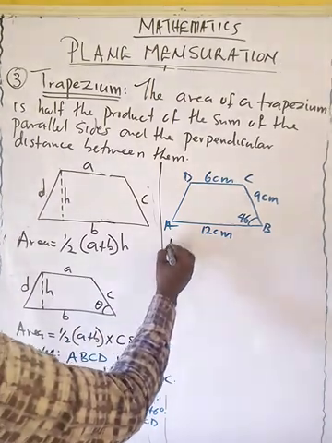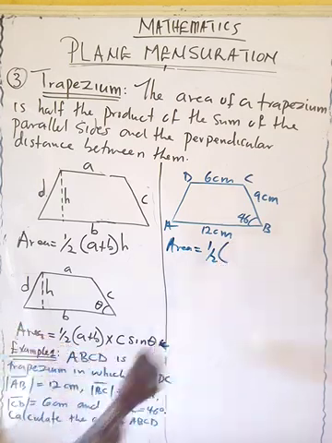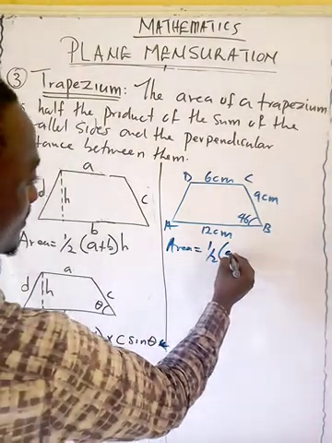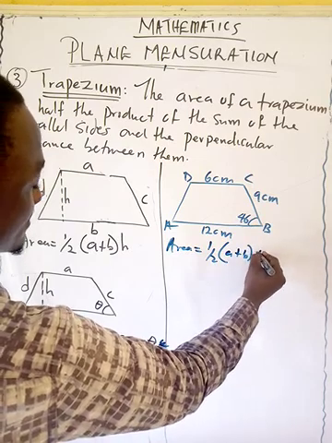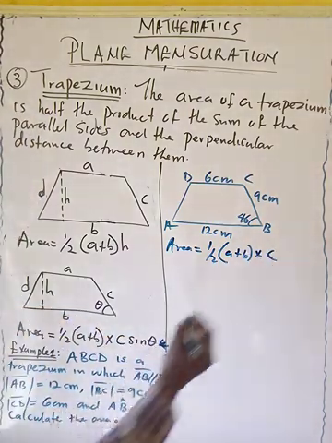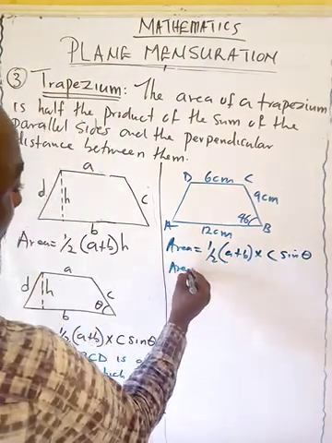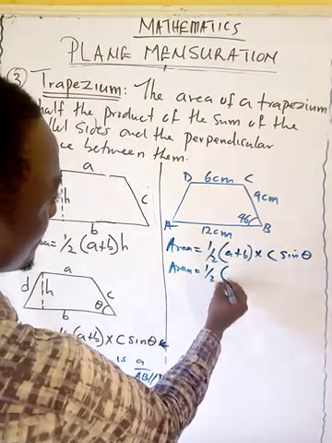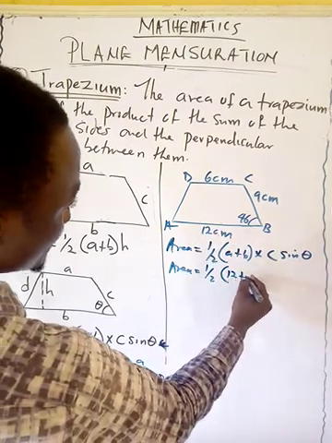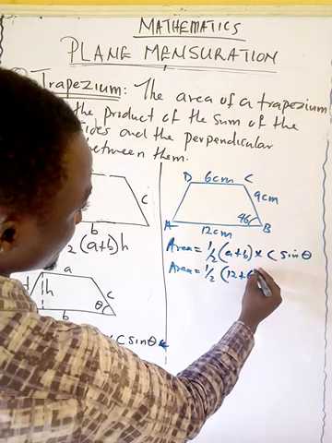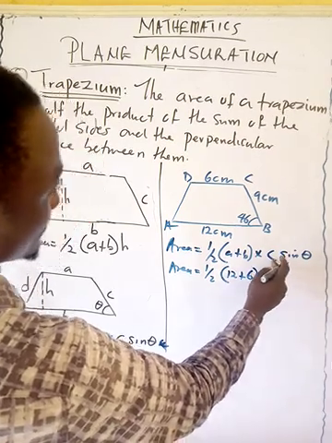So to calculate the area now, area equals half, open brackets, A plus B, times C sine theta. From here, our area equals half, our A and B now will be 12 plus 6 centimeter, times C. What's our C?